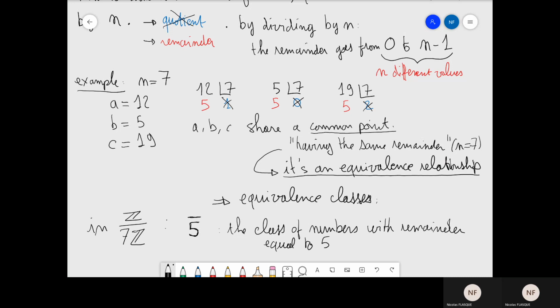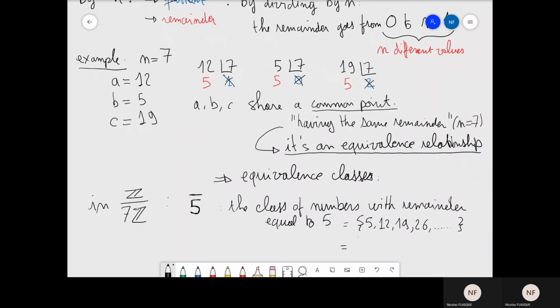And this class, of course, contains A, B, and C, that is 12, 5, and 19, but actually an infinity of numbers. It's equal to 5, 12, 19, we can add 26, and we can find an infinity of numbers.